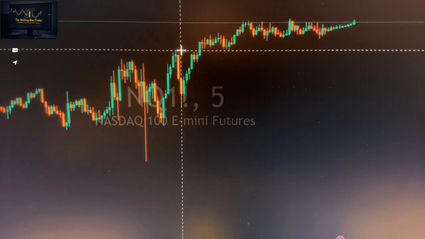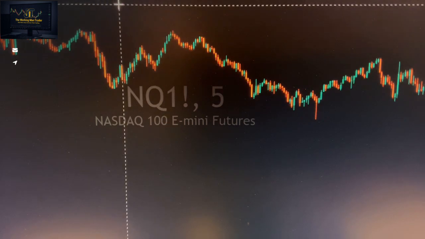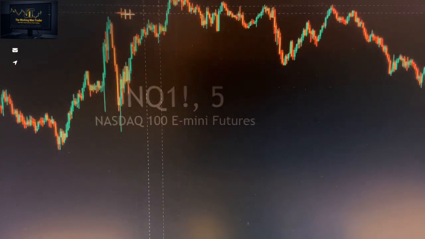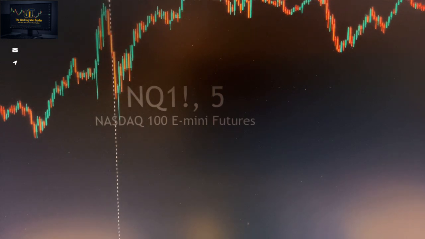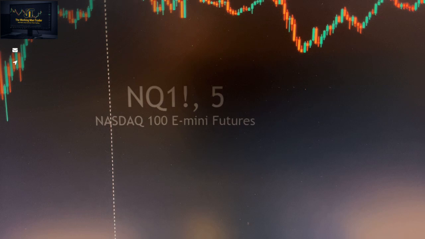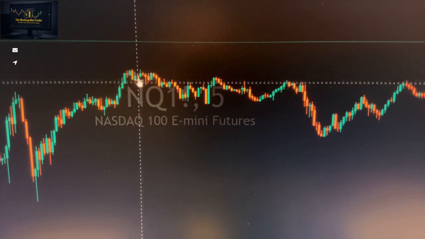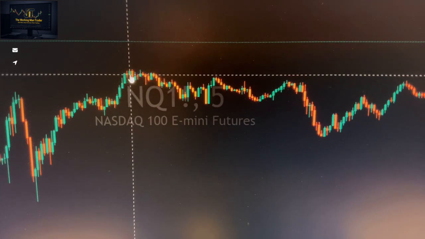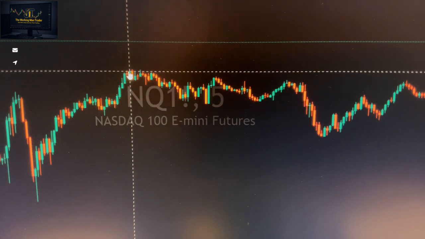Now, a supply zone is the very opposite. Let's find a supply zone. Here is a supply zone right here. This is yesterday, which would be Thursday at 12:25 p.m. This is our supply zone up here.